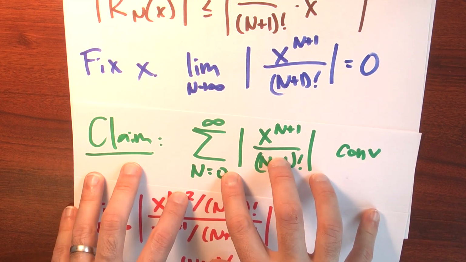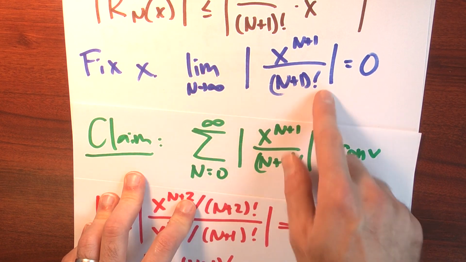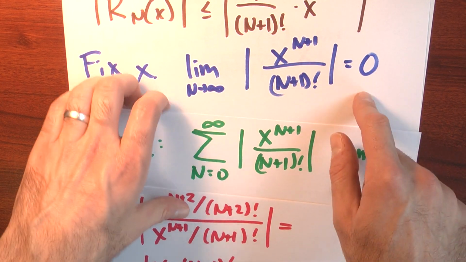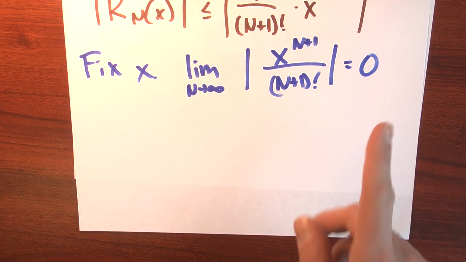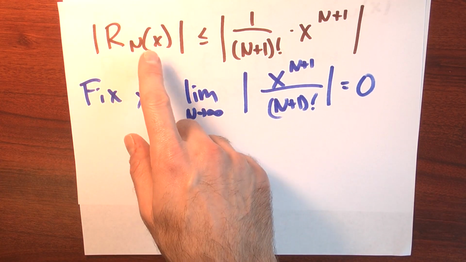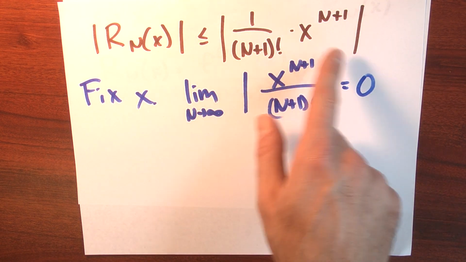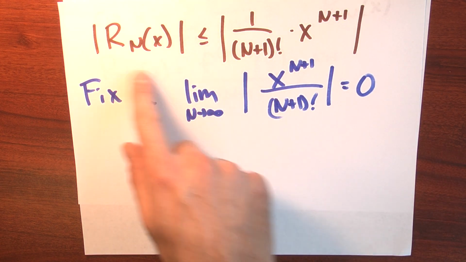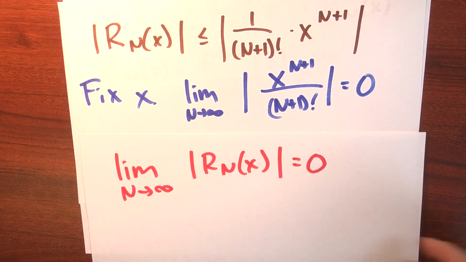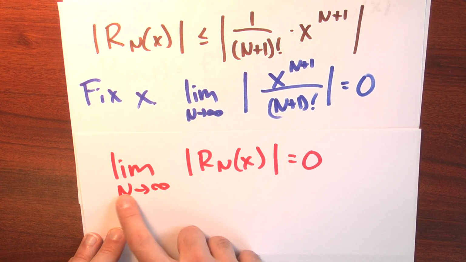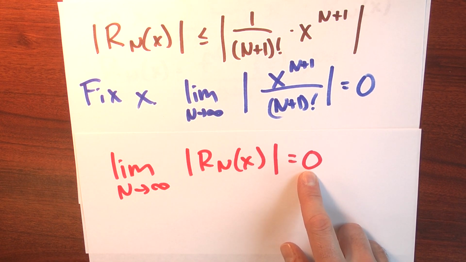Now because that series converges, that means the limit of its nth term must be 0. But because that limit is 0, I know something now about the remainder, right? The remainder is bounded above by this term. So if this limit is 0, that tells me something about the remainder. It's telling me that the limit of the remainder as big N goes to infinity is equal to 0.